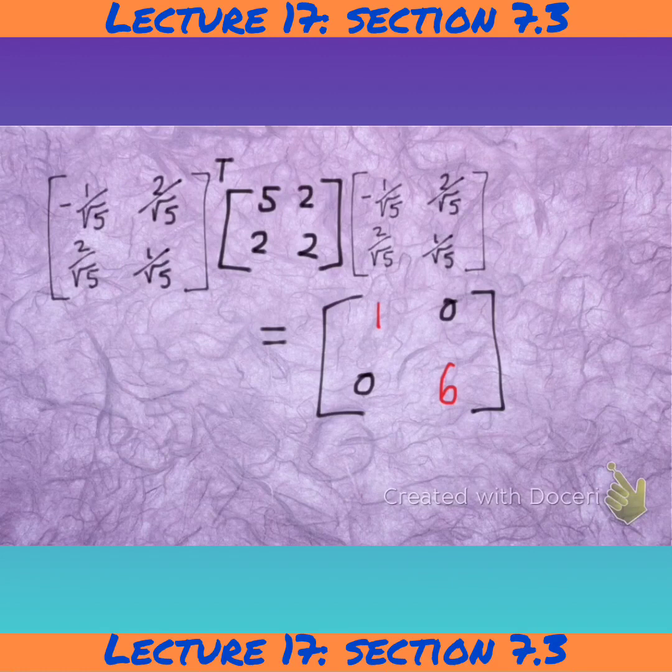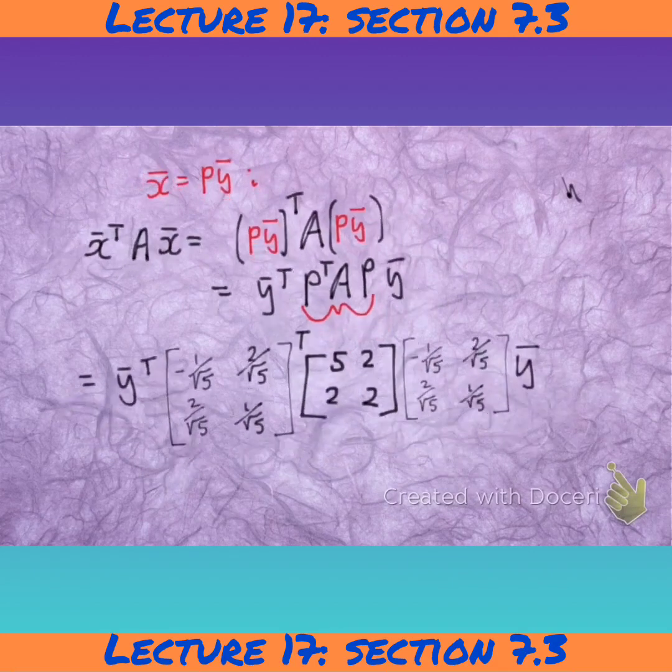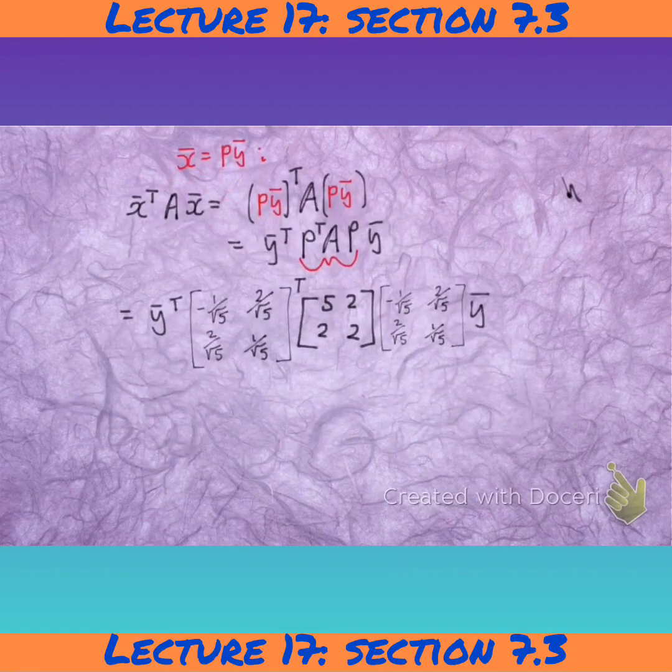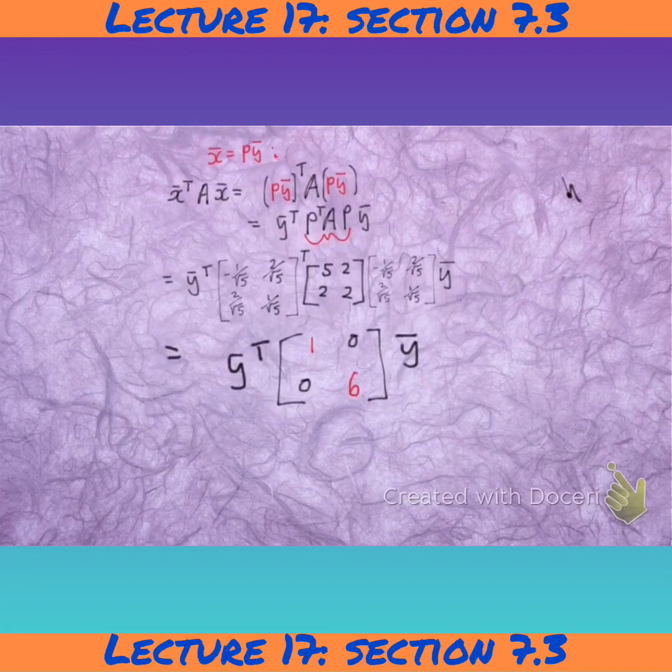So if we go back, we can just replace that with this matrix here. Okay, and the variable y, let's call that something else. Let's call that x prime, y prime, just to see what this looks like.